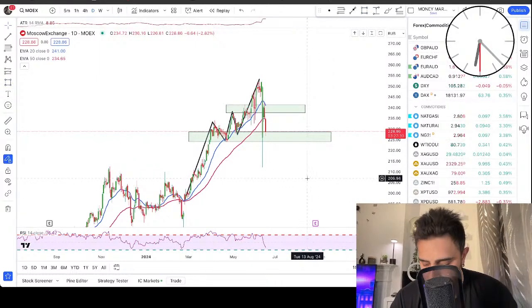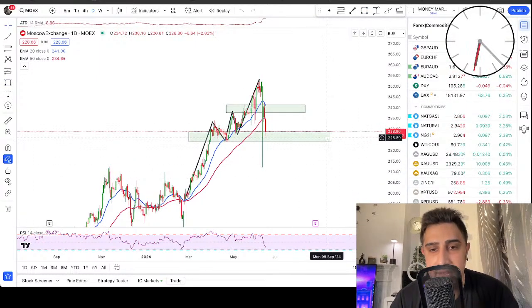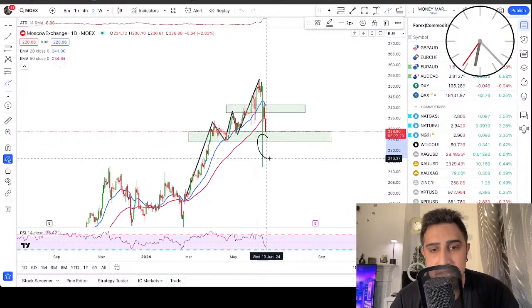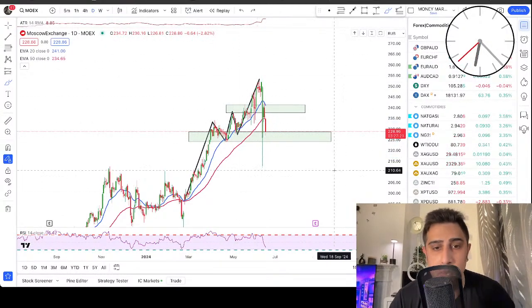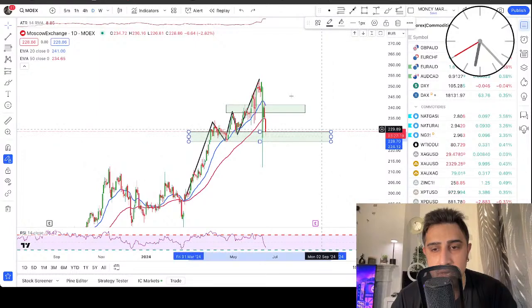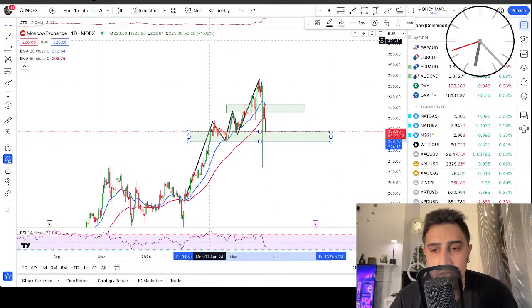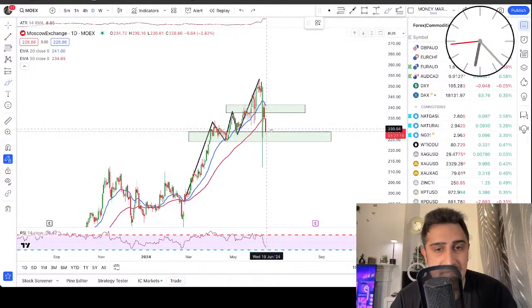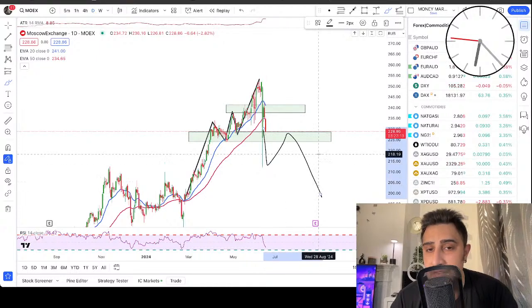So what I'll do, I have this anchor level, right? That has been rejected nicely, not broken. So if this anchor level is broken, 224, that goes to 228.70, if this anchor is broken, then the price will likely reverse.